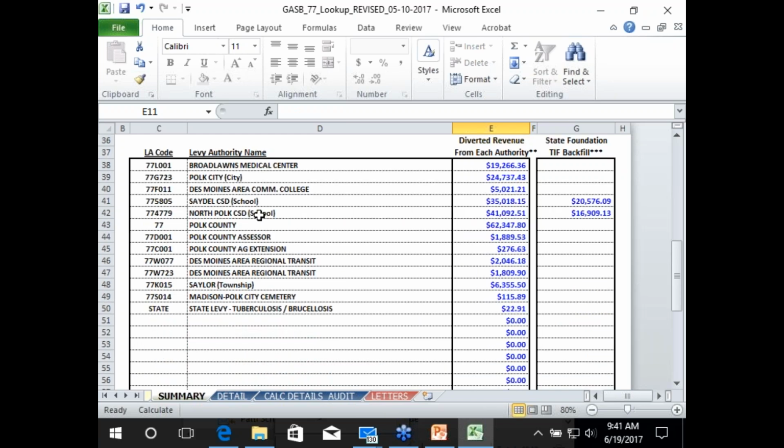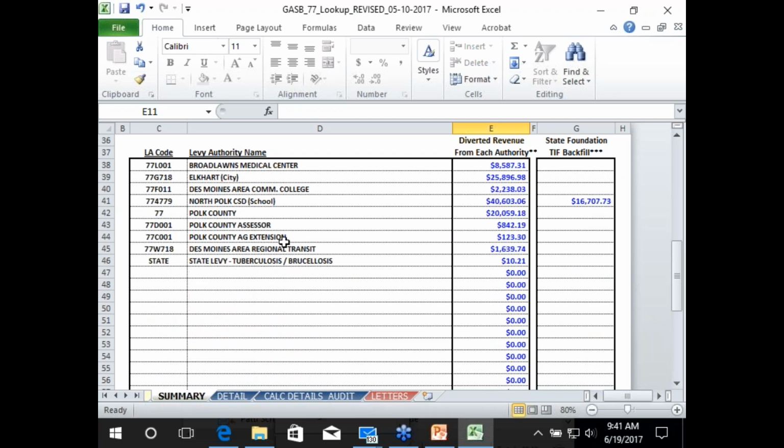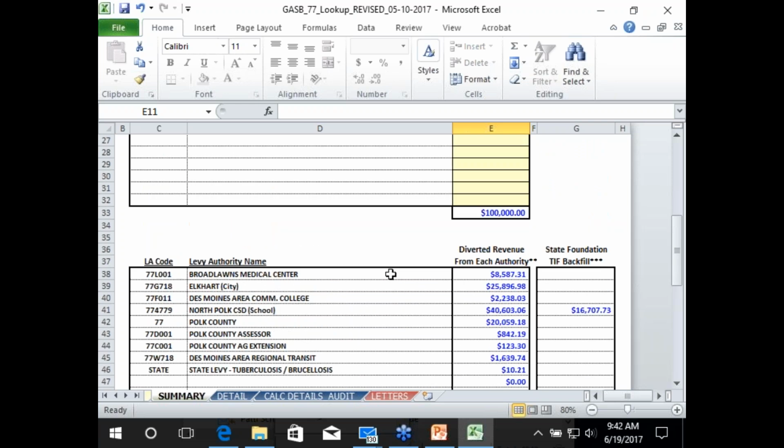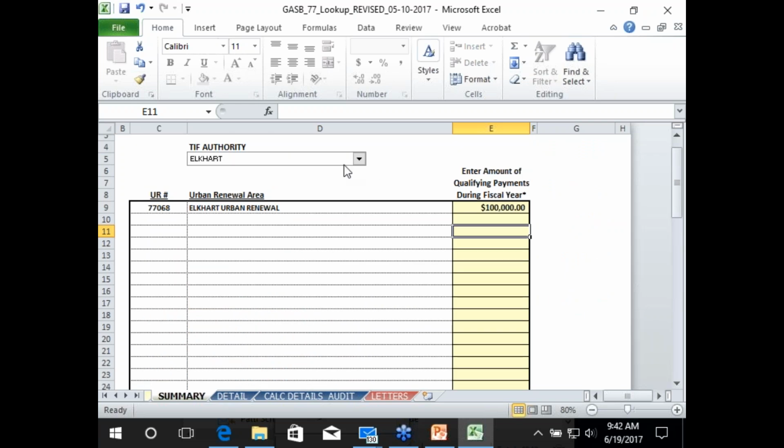If we go down below, you can see that it does not impact Ankeny either, but it does impact North Polk. So that's the only one that impacts. So from a school standpoint, this tool is great in that you can determine which cities and counties you should receive a letter from.